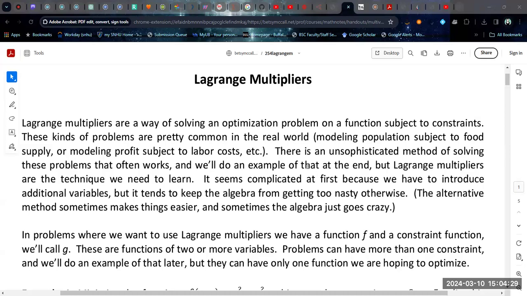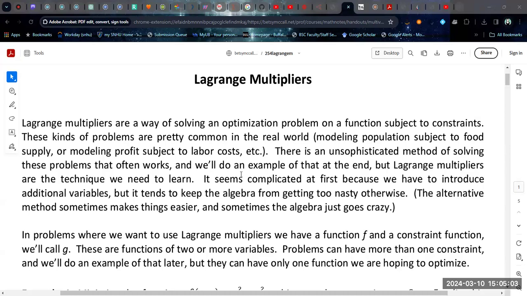So these are going to be similar kinds of questions, but substituting in our constraints into the objective function can sometimes make the algebra sort of blow up on us. And so rather than proceed in the traditional way that we did in the one variable case, taking essentially a two variable problem, turning it into a one variable problem, and then proceeding from there, in these cases we're going to end up potentially with two or more variables anyway.